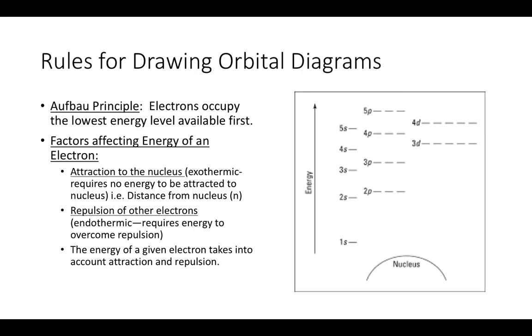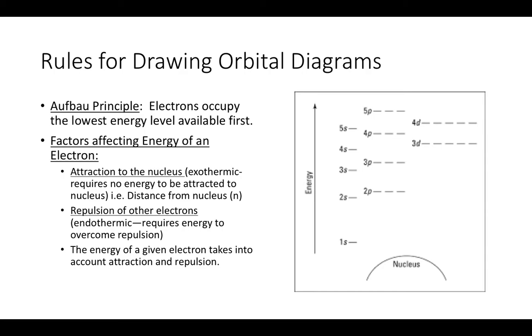Hopefully you recognize that we are drawing some dashes to represent the different orientations of different orbitals. And if we were only interested in the attraction to the nucleus, then chemistry electron configurations would be super easy because we'd go in the order that we would expect. For example, we would go 1s, 2s, 2p, 3s, 3p, 3d, 4s, 4p, 4d, 5s, 5p.